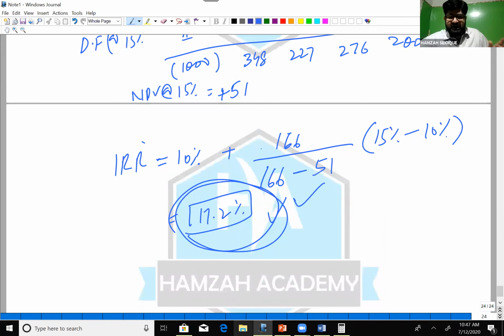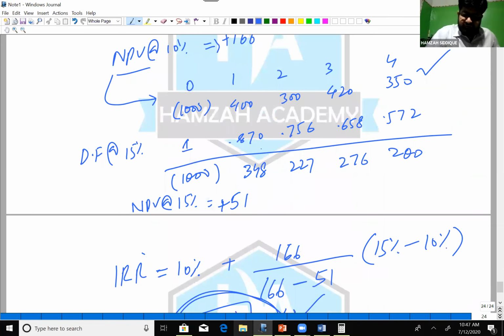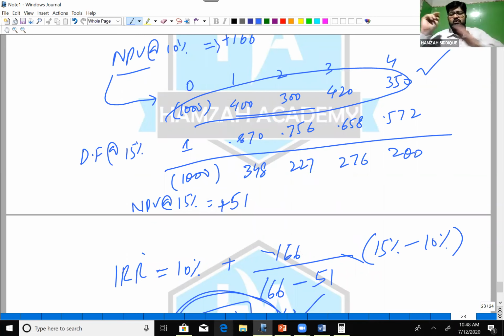And if we deduct this return from these cash flows, when you deduct return, what remains behind? Investment. If you minus all the return, what remains behind? Investment. So NPV is equal to zero.